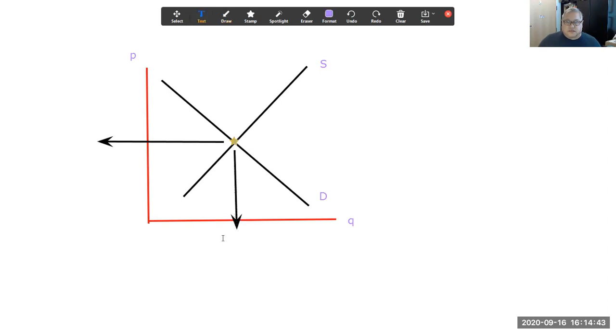So the intersection point where supply and demand meet gives rise to what we call the equilibrium quantity, the Q with a star on it, and the equilibrium price, P also with a star. That intersection where supply and demand agree, both in price and in units, is what we call the equilibrium in the market.